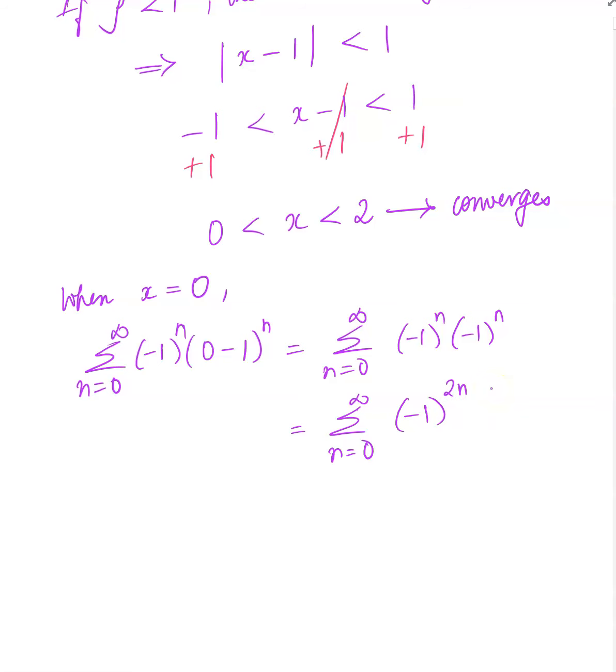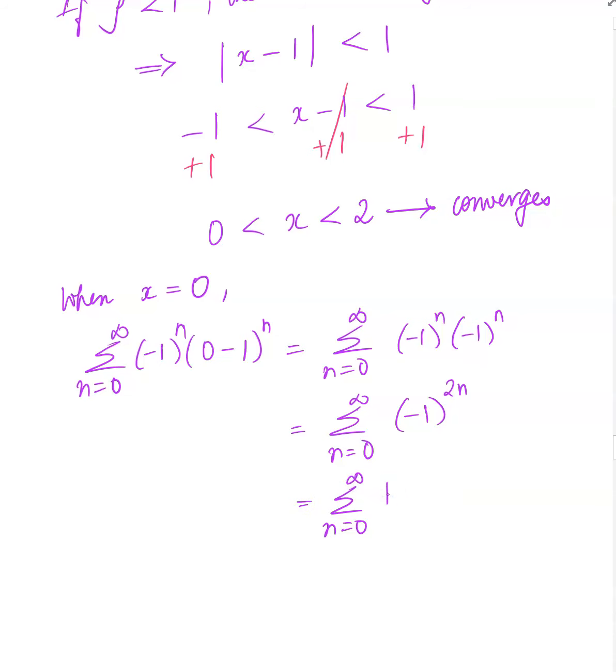Now if it's 2n, whatever n is, even if it's odd, when it's multiplied by 2, you'll always get an even power, right? Think of it. If n is 1, 2n will be 2. If n is 5, 2n will be 10. So if the power is always going to be even, there will be no negative sign resulting from this. So this is going to be summation n 0 to infinity of 1.